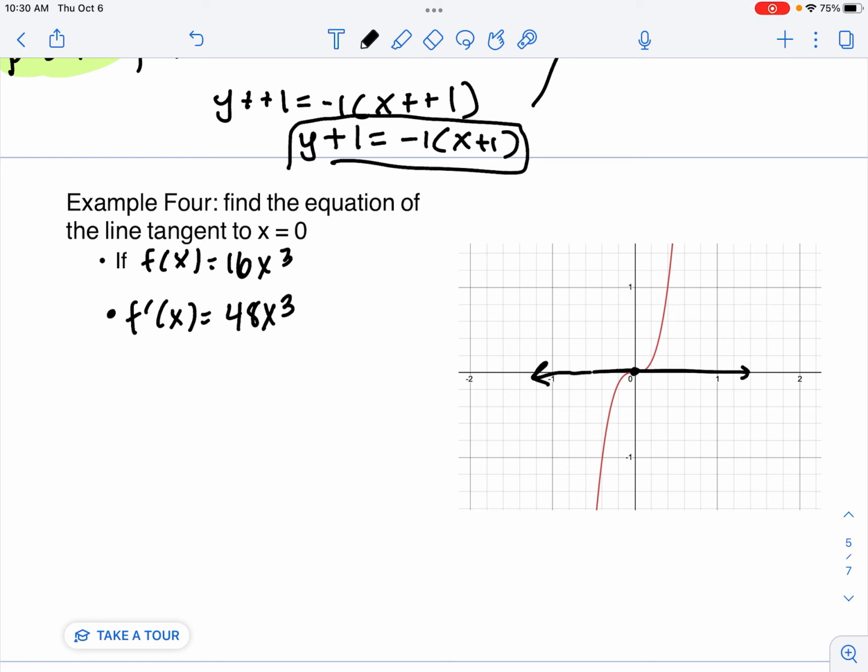So that is that one right there. And again, it's a little bit more obvious because as soon as I graph that, you can tell that that's just a horizontal line at 0. So that one is y equals 0. If you need more time with that, just pause that, but I'm going to go on.